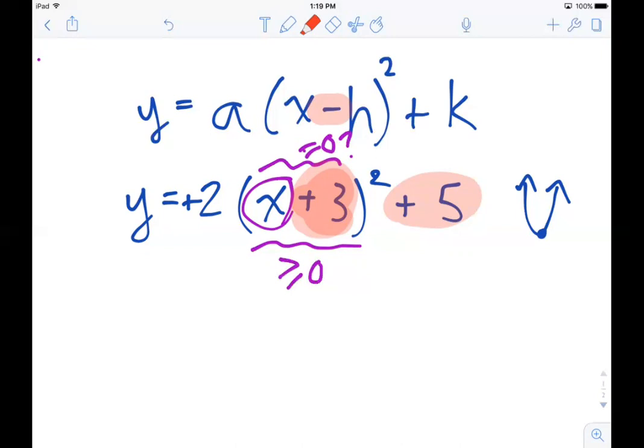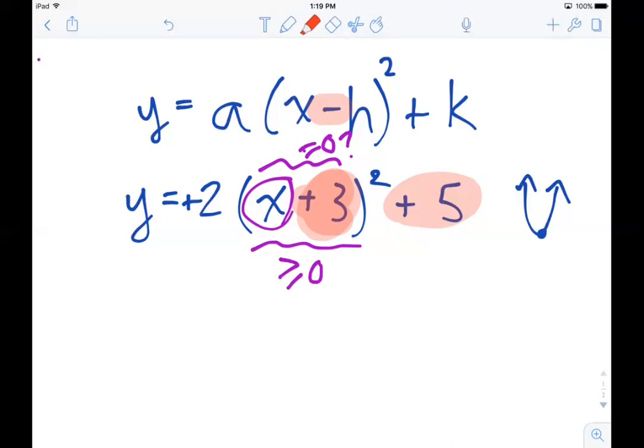Or in other words, the x-coordinate of our vertex will always be the number that makes this bracket equal to 0. Now, the more of these you do, you'll realize that there's a special pattern that emerges. The special x value that always makes this bracket equal to 0 will always be the number with the opposite sign as the number you see in the bracket.